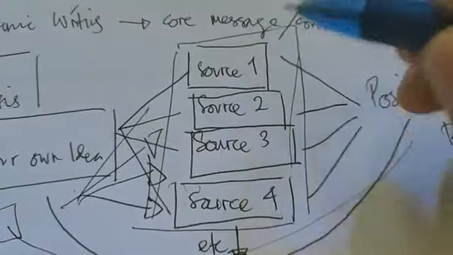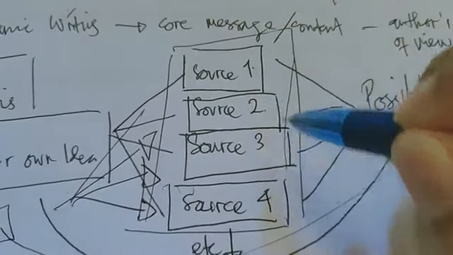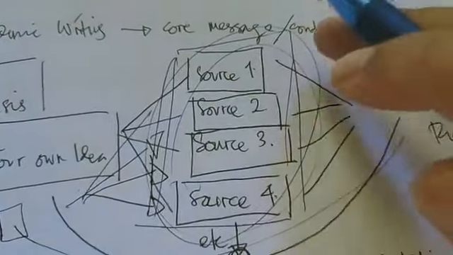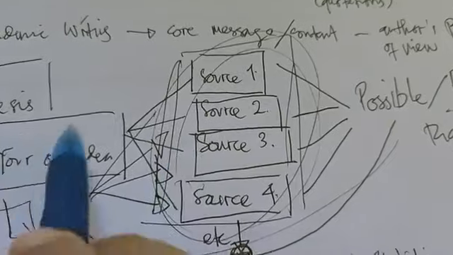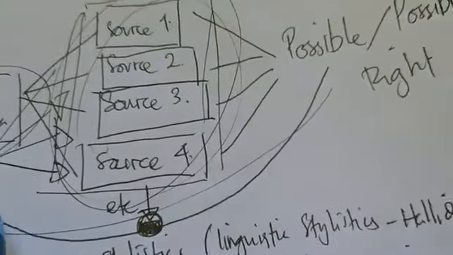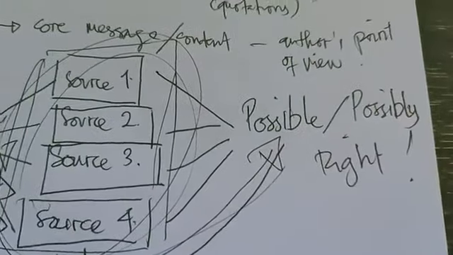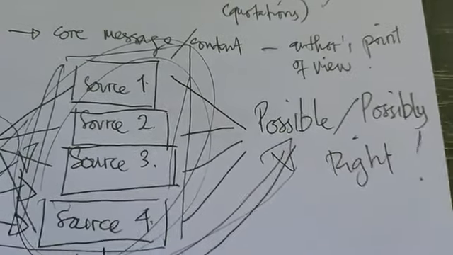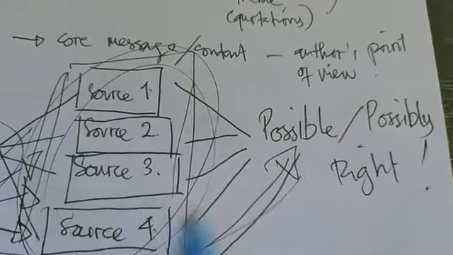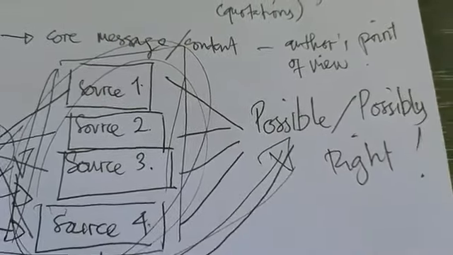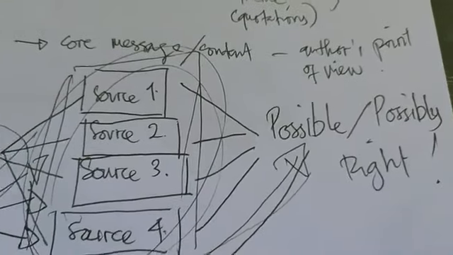I mean, there is a connection between source 1, source 2, source 3, and source 4, and the final connection is that these readings or texts prove your own idea. It means that finally you raise a topic or an idea, and based on what you have read, it is possibly right. This is an example.